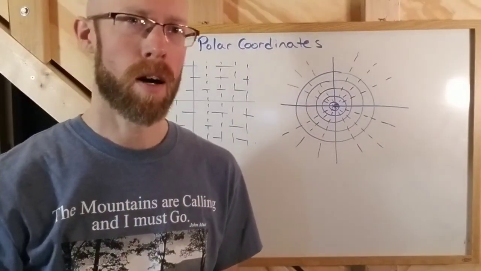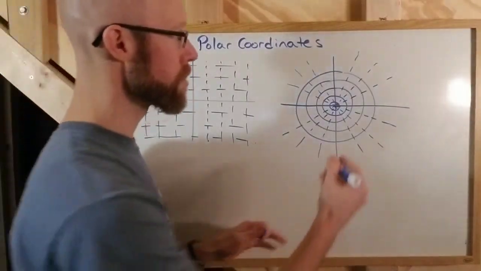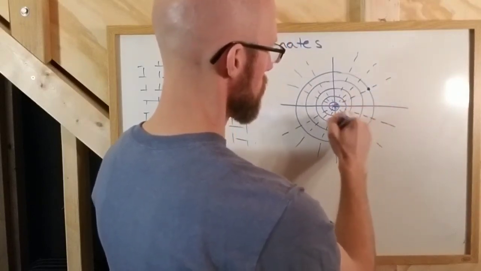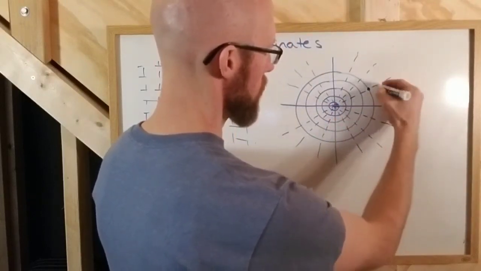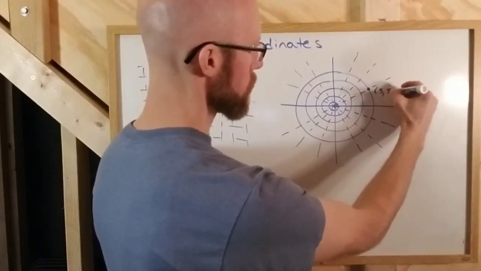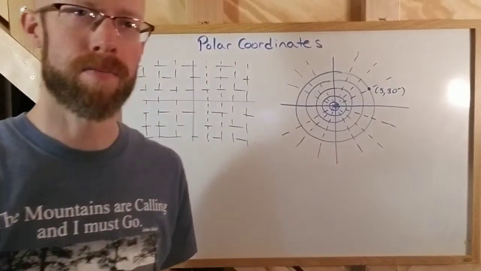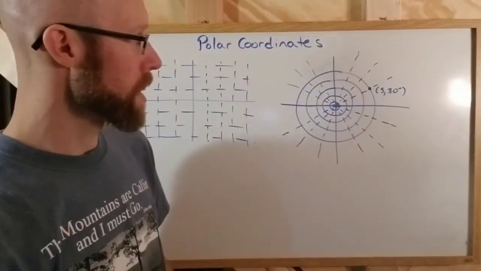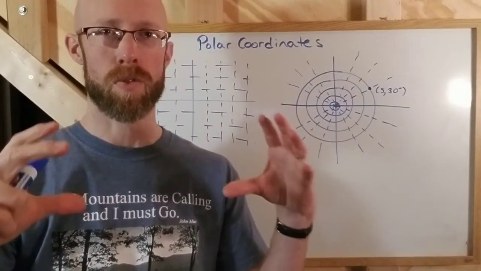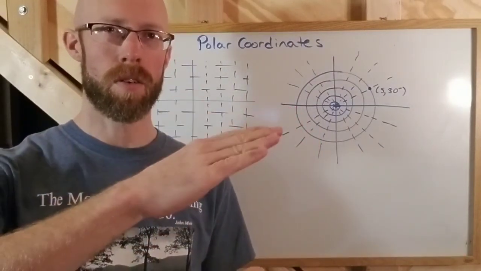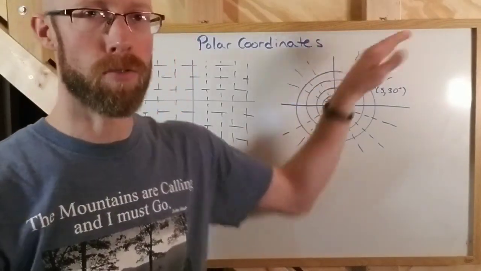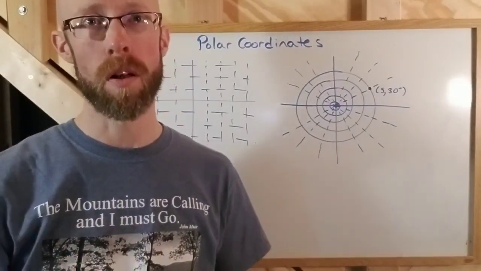Okay. And of course, the intersection then, if I wanted a point here, this point might be, let's see, 1, 2, 3, 4. That's 5 circles out. So there might be a radius of 5 at an angle of 30 degrees or something like that. Okay, so we can identify points that way using concentric circles for fixed radii, and then your angles as kind of rays shooting out from the origin, or from the pole, I suppose we should say.